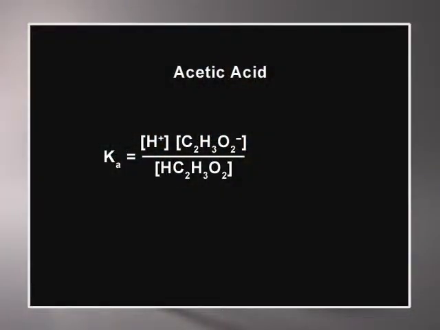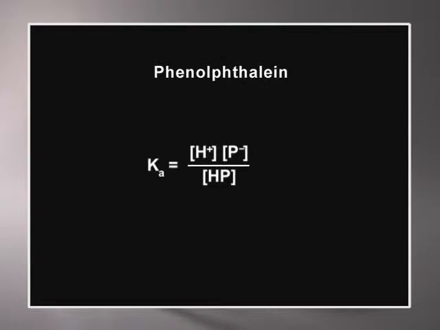And as is true for all weak acids, Ka has some numerical value. For acetic acid, you may remember that the value of the ionization constant was 1.8 times 10 to the minus fifth. It turns out that for phenolphthalein, the value of its ionization constant happens to be very close to 10 to the minus ninth.